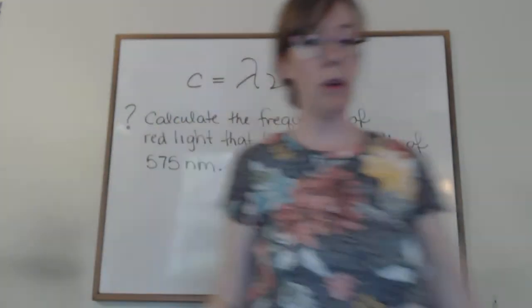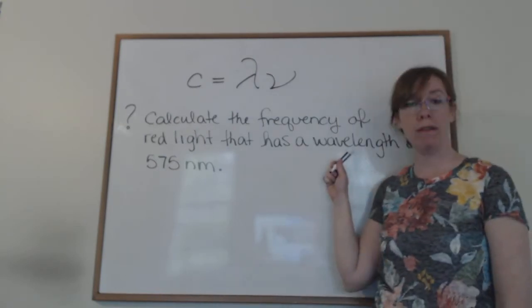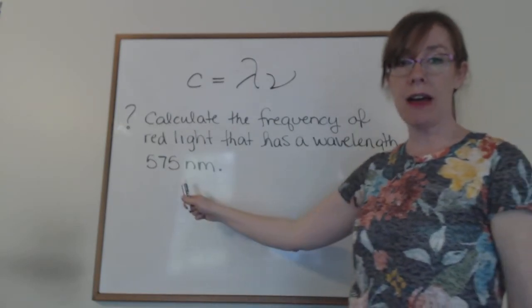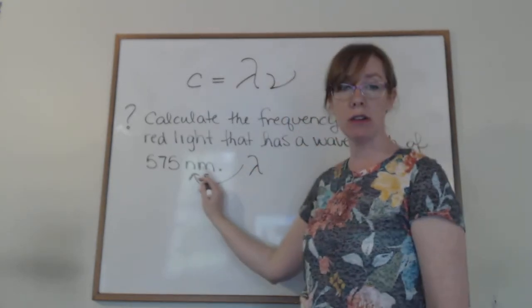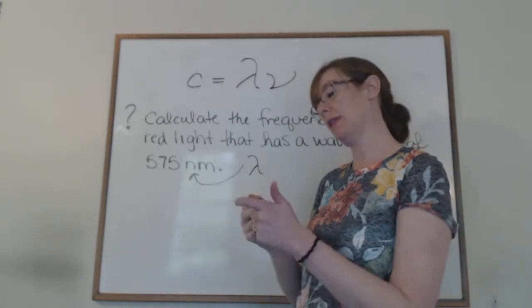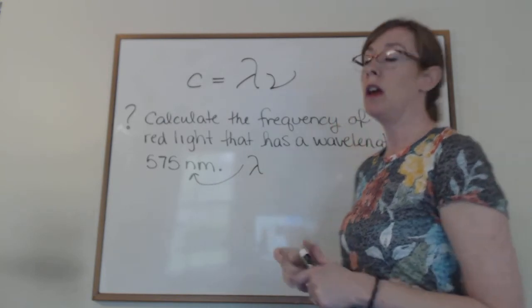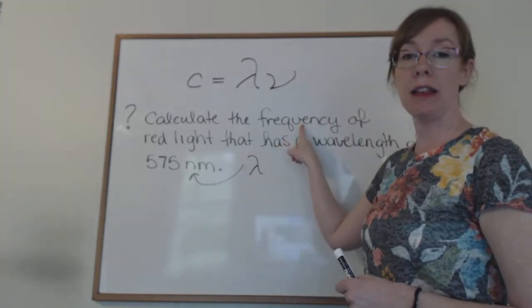Okay, so in this question, I have given you a wavelength. And the wavelength is 575 nanometers. Once again, you can see it's measured in meters, but with a prefix because it's really, really small, so nanometers. So we have the wavelength and we are trying to calculate frequency.